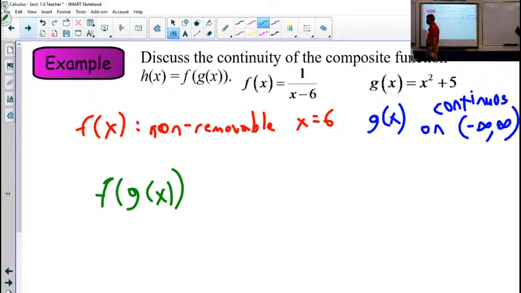Will I be able to plug in 6? If it is continuous at 6, is it just continuous everywhere, or is it not continuous somewhere else? Are other problems aside from 6 going to pop up?